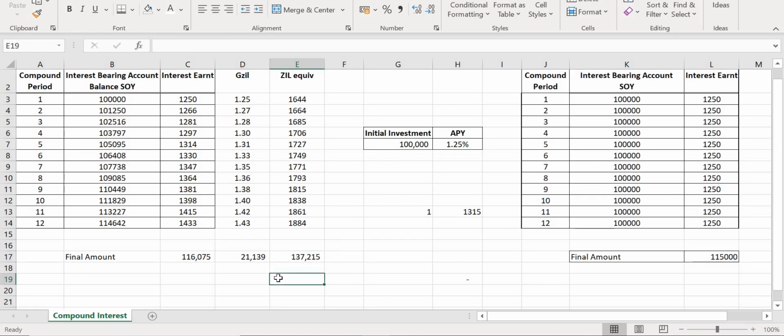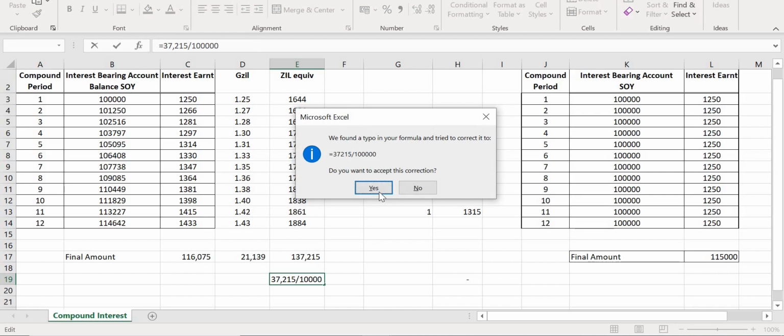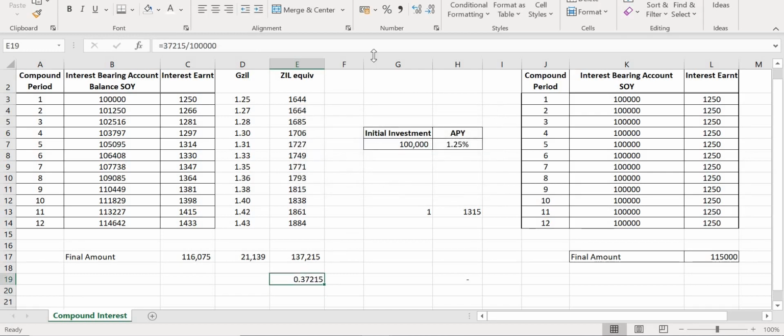So we actually increased our ZIL by 137,215, and we're going to divide that by the original 100,000 we invested to get a percentage. So let me just put an equal sign there, and then put the percentage. So that is a 37% return. So let's just go through the assumptions here.